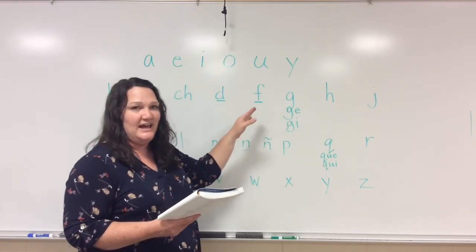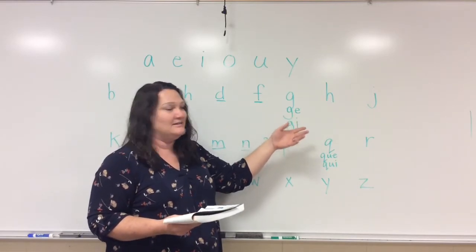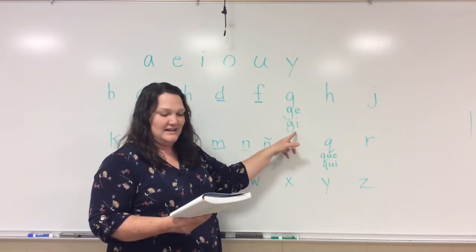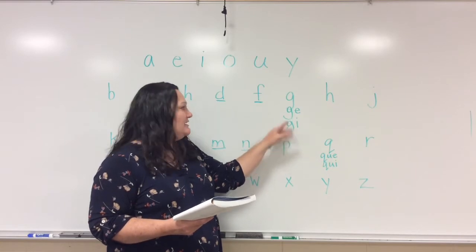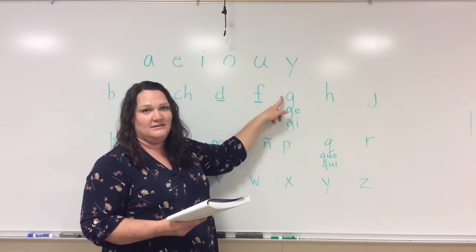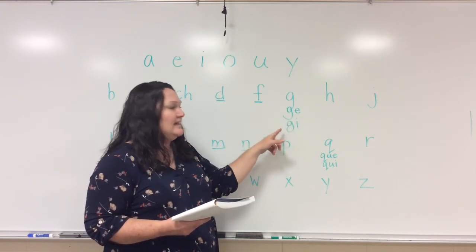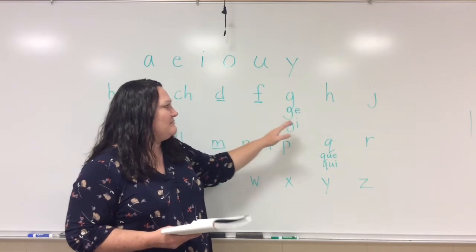It's G-E-N-I-O, which says genio. So it would be like hen. Pretend that was an H. And then the I is going to say he, like gitano. So it's going to say like genio and gigante. Okay, that's G, excuse me.